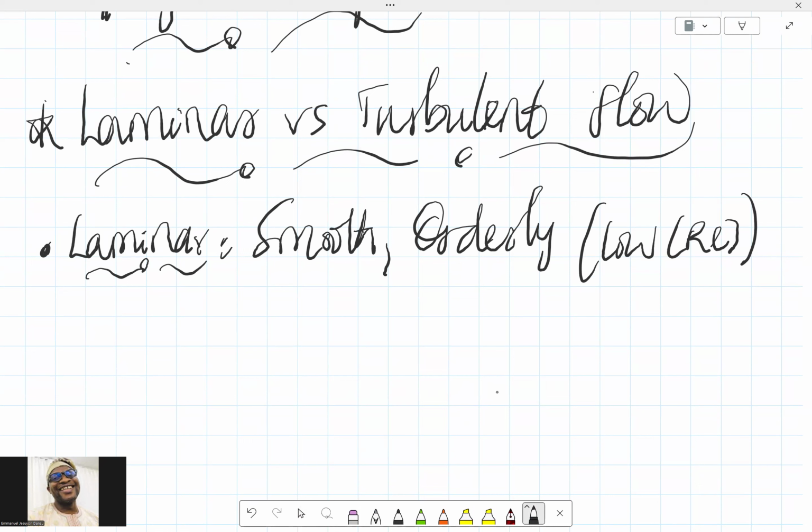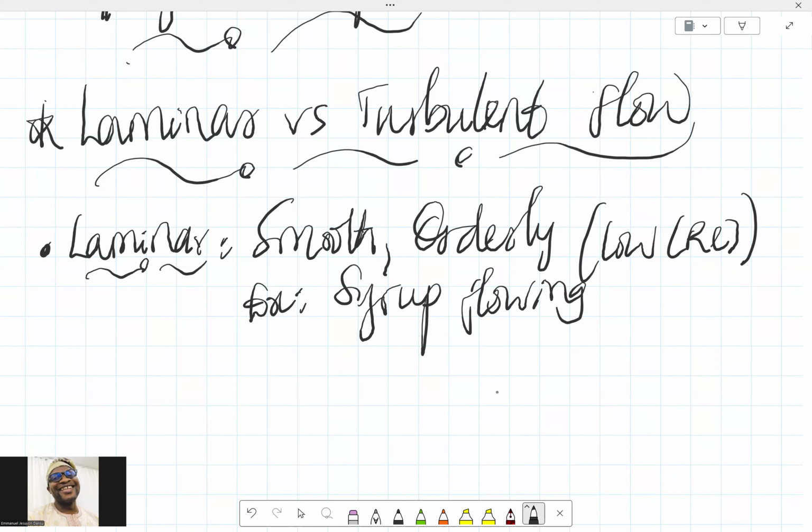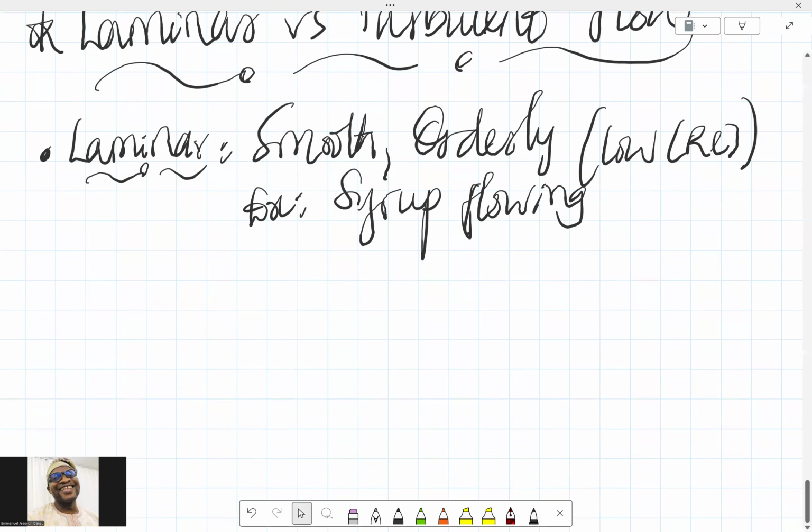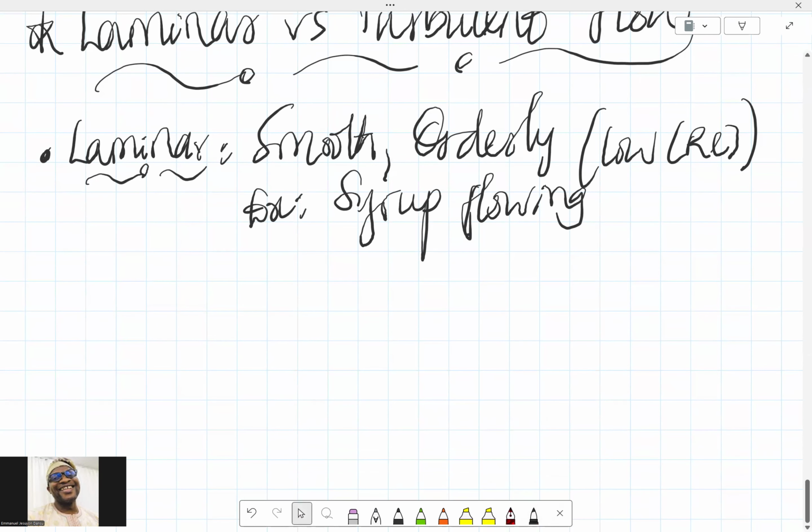Examples include syrup, you can take medicine in form of syrup. So you have syrup flowing, so it flows gently, because the viscosity is kind of high, so the flow is slow.